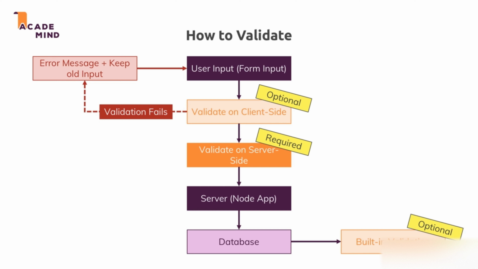But if you have good server-side validation in place, as you should have, then this might really not be required because there is not really a scenario where invalid data could reach your database because you filter it out in that server-side validation already. No matter which approach you have, if you validate on the server side and or in the database, though or is not really an option, you should validate on the server side by all means.